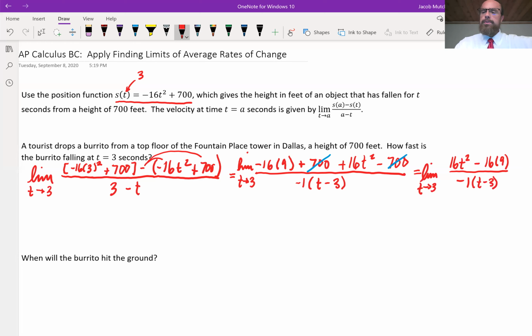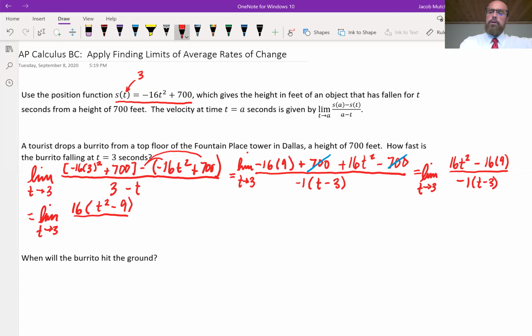But what I want to do instead is factor out a 16. So I'm going to wrap around to the next line and factor out 16. So the limit as time approaches 3. And what's left when I factor 16 out is t squared minus 9.